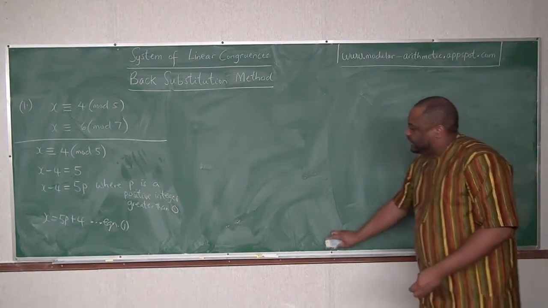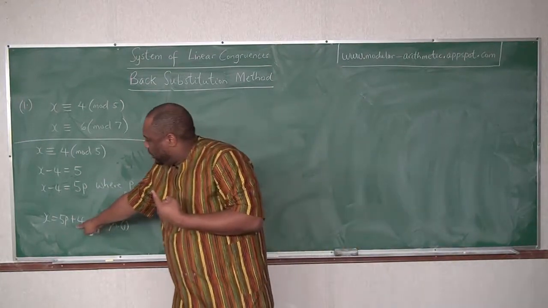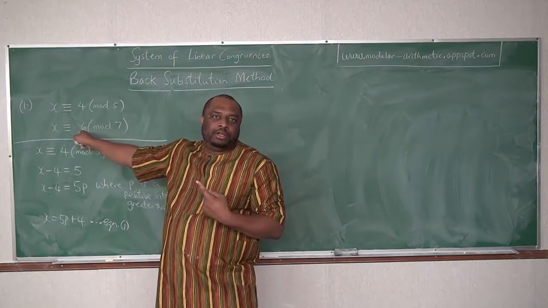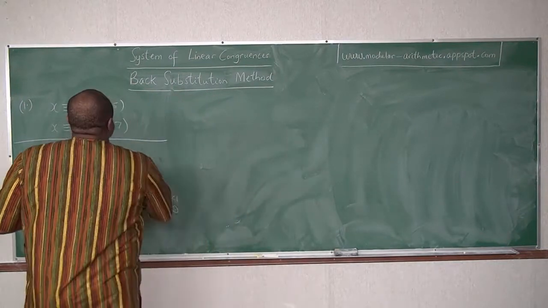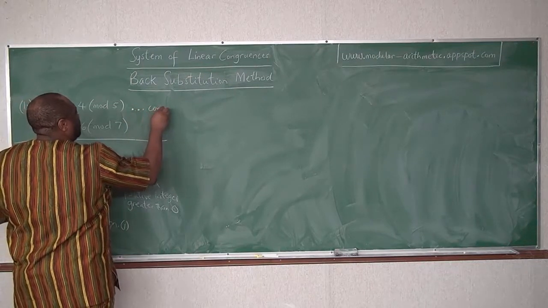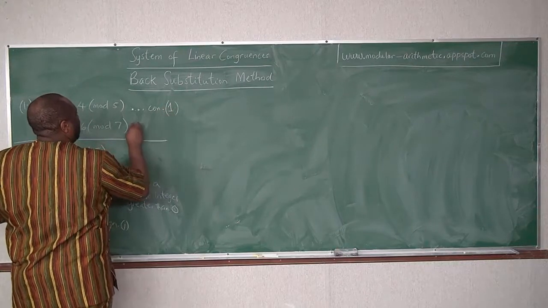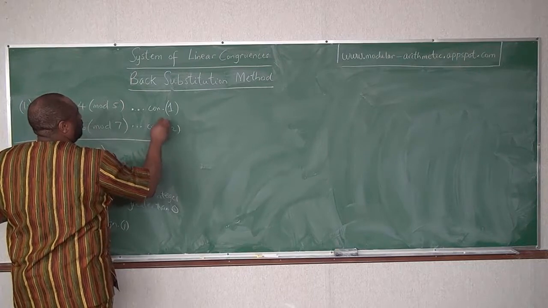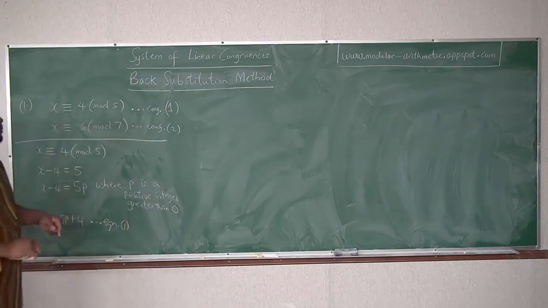we will substitute 5p plus 4 for x in this second congruence. Okay, let's call this congruence 1, and let's call this congruence 2.